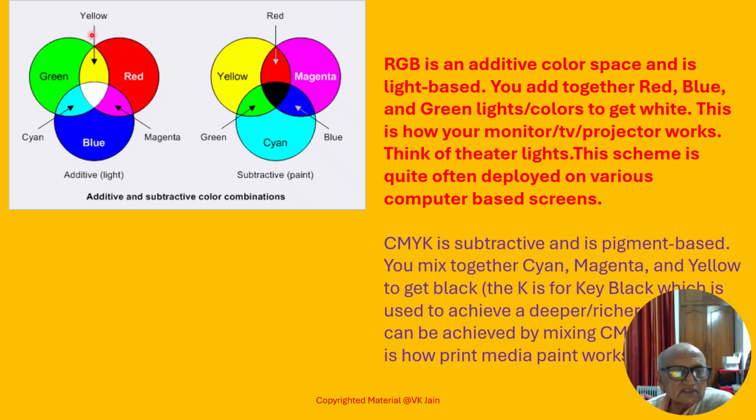Now this one is RGB, whatever we see on computer screens and any other monitor: R red, G green and blue. And when we add all these colors, we get the white effect.